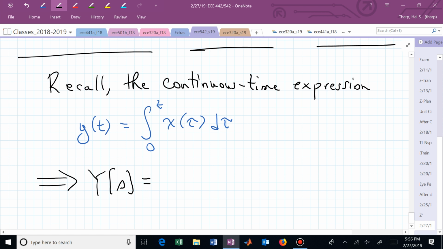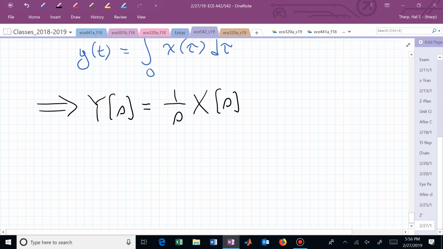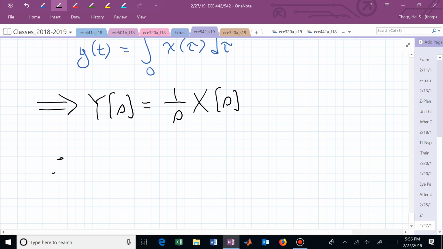Or what does the integral operation look like in the s domain? It's just the reciprocal of what the derivative looks like, and the derivative is a multiplication by s. The integral is now a division by s. So now we have 1 over s times X of s.